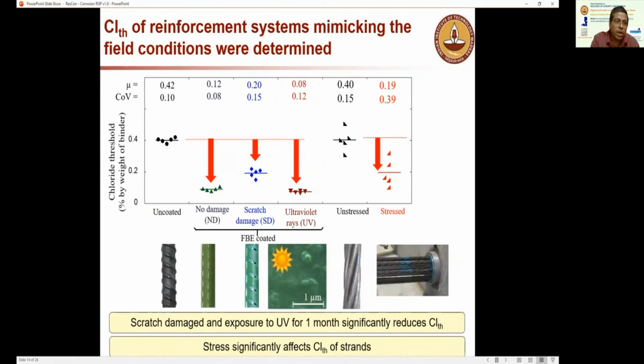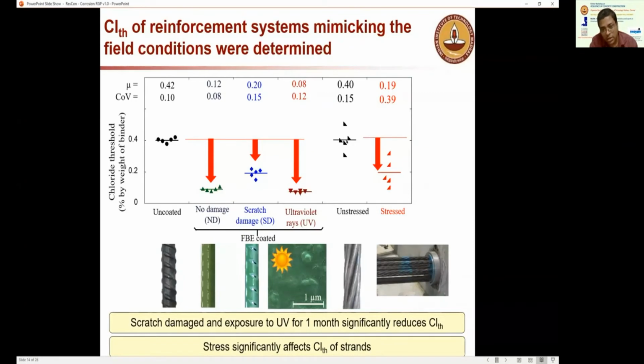What we found is that the chloride threshold of the uncoated bar is 0.4, and there is a significant reduction in the chloride threshold of the epoxy coated bar, as the first 3 red arrows indicate. In the case of the pre-stressing strand, again you have the average value.